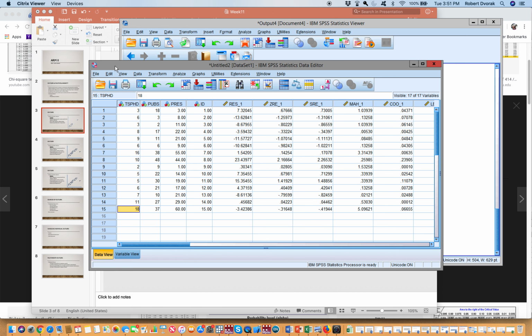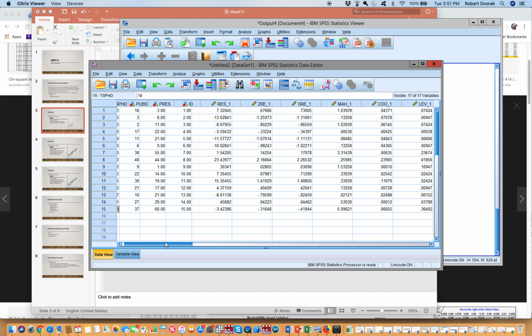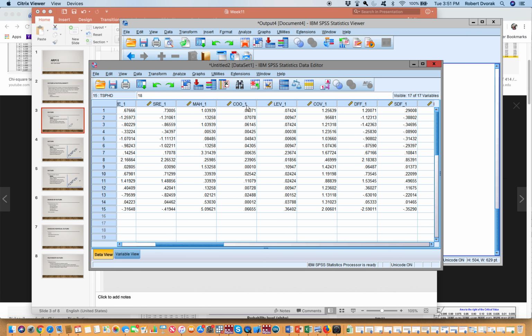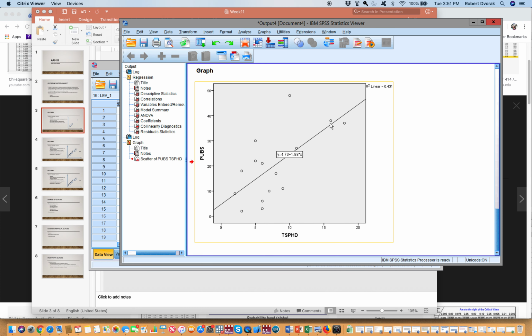If we flip over and have a look at just our leverage statistics, that's what we're interested in right now. This is Cook's D. Here's our leverage statistics. We do have a couple that look fairly extreme. We have this 0.36 here and 0.23 here. And if we look at our graph, those are these two right here.